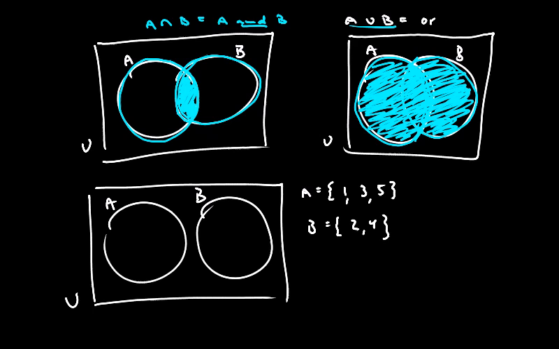Okay, I could put these on the Venn diagram if I wanted to, but you'll see very quickly that there's no overlap. There are no numbers that are in common between these two sets, so they're disjoint or mutually exclusive sets. We would say that this is an empty set.